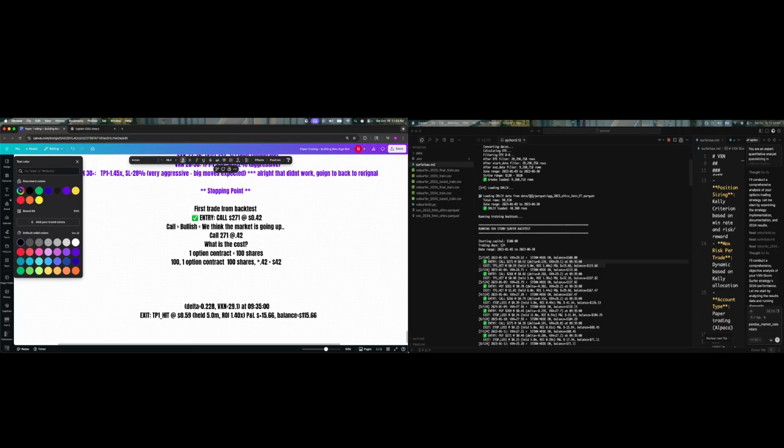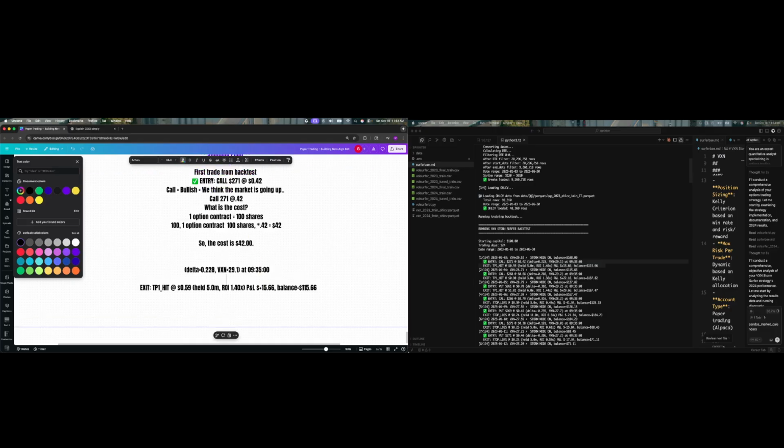So the cost is $42. Now let's explain delta. Let's highlight this again. Let's make it purple. I know you can see purple.